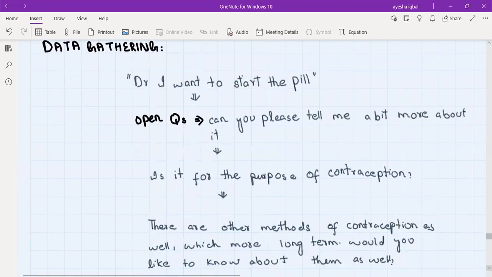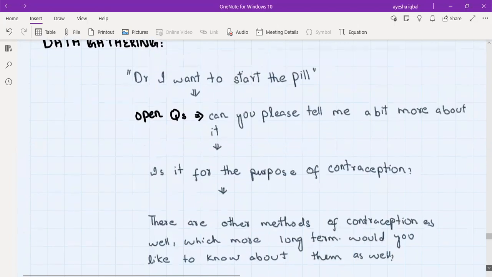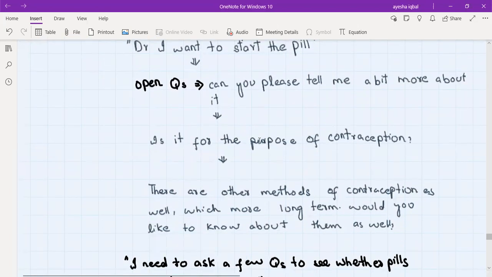Once you establish whether it is for the purpose of contraception or not, then you will proceed further in the station. This question is also a part of the ideas, concerns and expectations, but it's important that we ask it early on in the station, because the patient is coming in with a very specific demand.